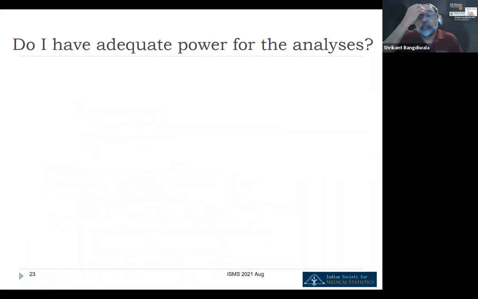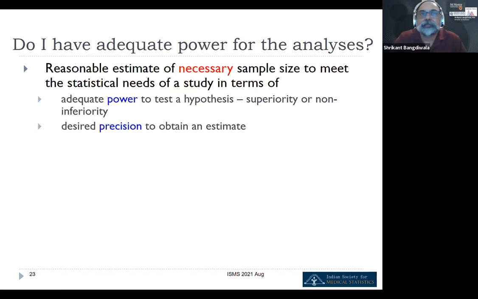All right. So finally, we worry about, do we have adequate power for the analysis? And this is where the sample size is something that has already been determined at the beginning of the study, at the design stage. Maybe you did an adaptive design where you looked at the data halfway and decided whether you needed to increase or change the sample size.